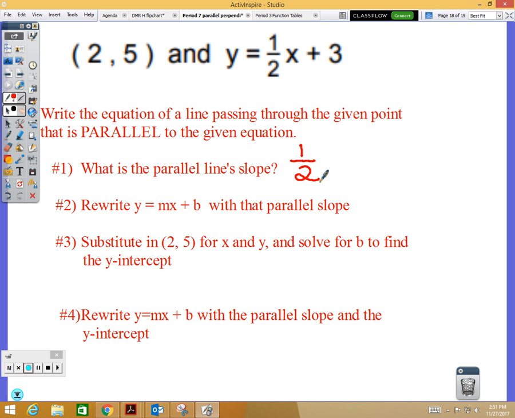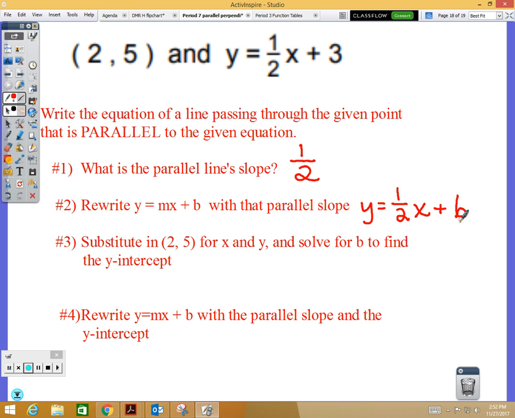Step 2, rewrite y equals mx plus b with that parallel slope. So instead of m, I'm going to put y equals 1/2 x plus b. I'm just replacing m with my new slope. Step 3, substitute in 2, 5 for x and y and solve for b to find the y-intercept.